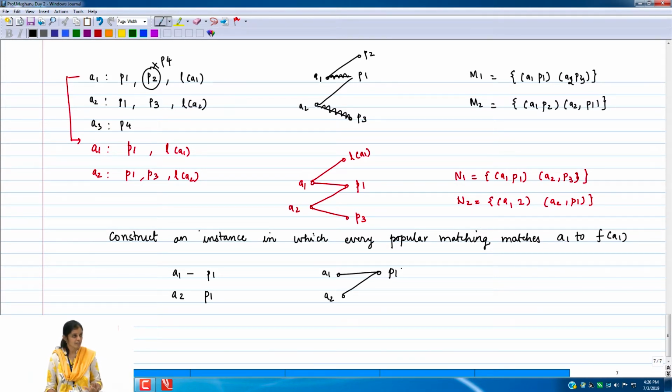Now, can A1's S of A be L of A1? If it is, then you are allowing yourself to be matched along something else, right? Therefore, it better not be some free post which you are only asking for, and that seems not to be a good idea. So it should be a post which is also in high demand by somebody else, so that it is in demand by some other set of applicants, and they cannot spare that post for you, for that applicant A1, right?